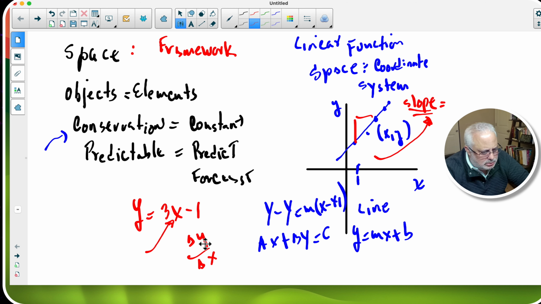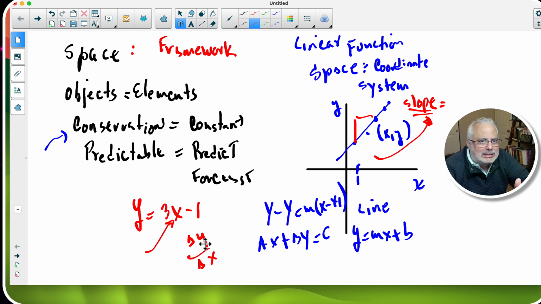2 is equal to the reflection of the number. So: space, framework, objects, the elements, conservation, the constant, predictable. What is predictable? This is fundamental in learning and teaching math.